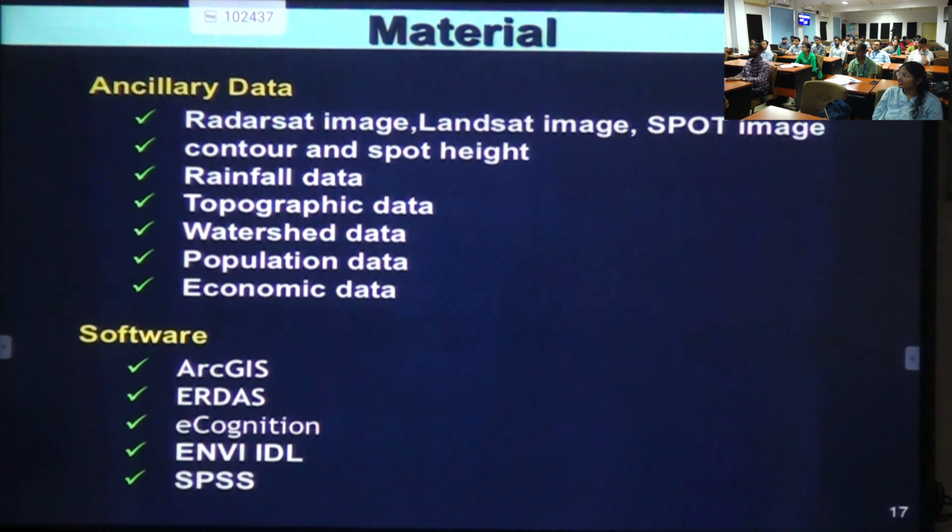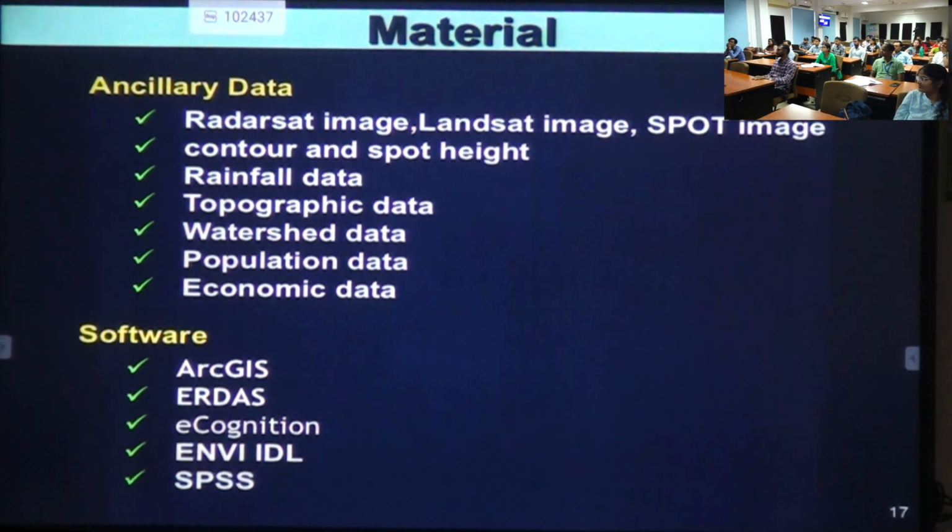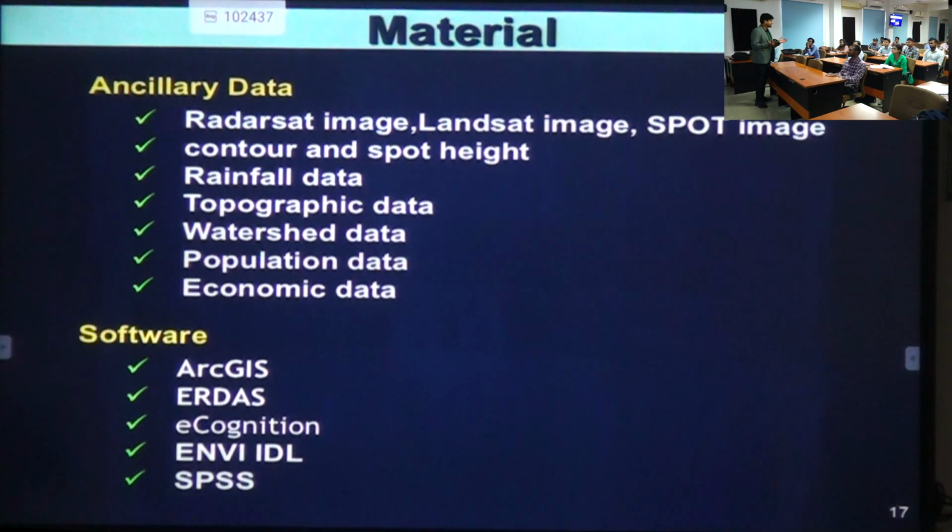Also we took other kinds of data like Landsat, especially for land use land cover. The radar images you can't use for land use land cover. It's just one black and white image, right? That is good for flood mapping and those kinds of assessment, but not good for land use land cover. So this is a medium quality data that we use.